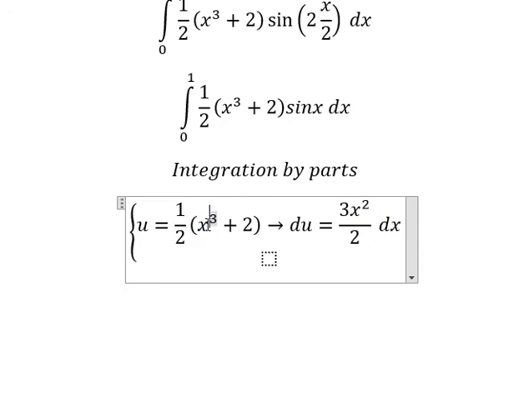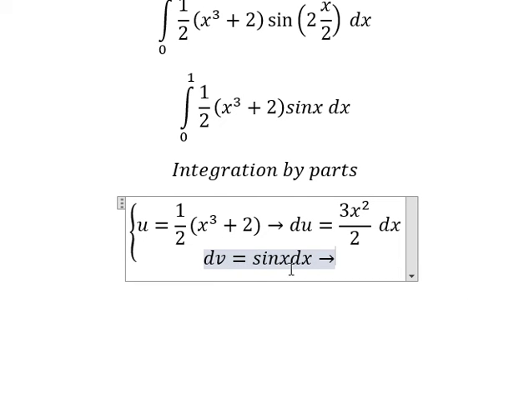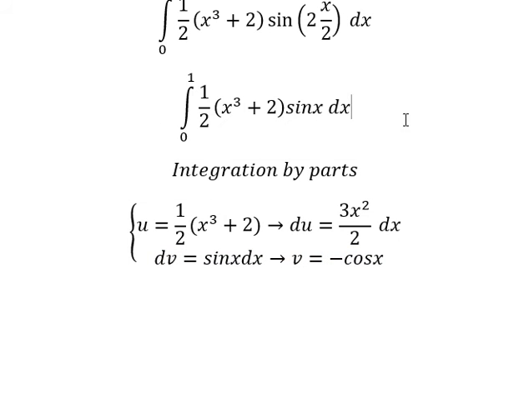The derivative of s to the power of 3, we have 3s squared. This one is the constant, so you got 0. dv, we have sine s ds. The integration of this one, we have v equals negative cosine s.